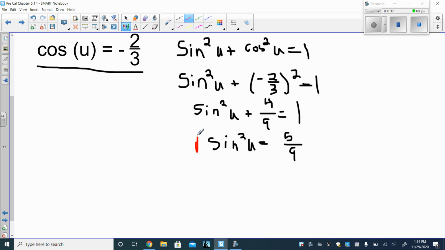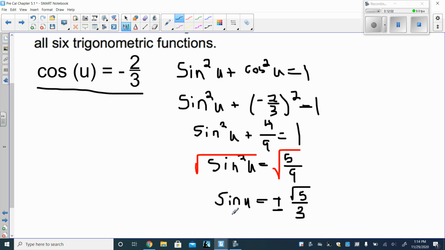And at this point here we can square root both sides. And when we square root both sides, we get sine of u is equal to plus or minus, because whenever we square root both sides, we have to have the plus or minus, square root of 5 over 3. Because we can't take the square root of 5, but I can take the square root of 9, which would be 3. And we get this here.